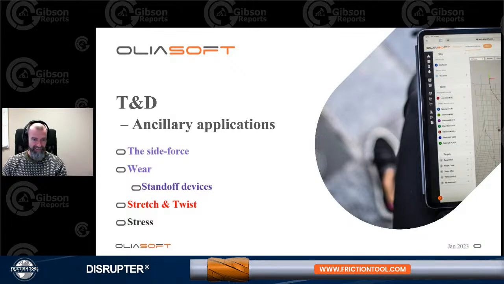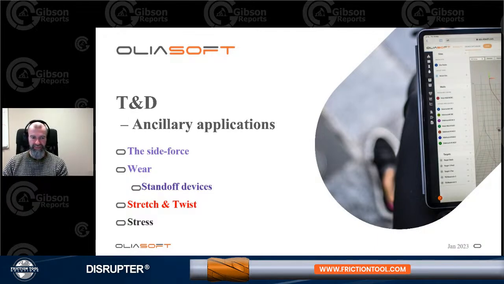And the next one is stretch and twist. I think in a way that you probably will get more information as we go down the line with the other presenters the coming weeks.